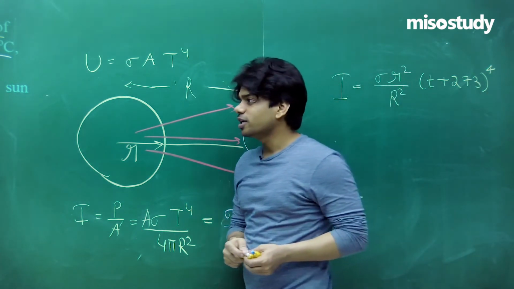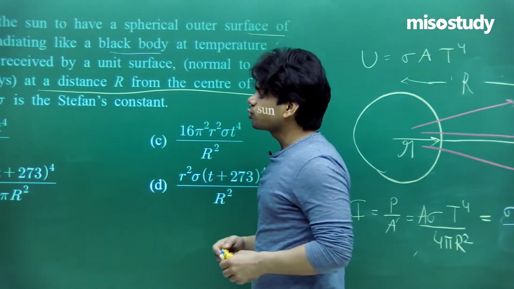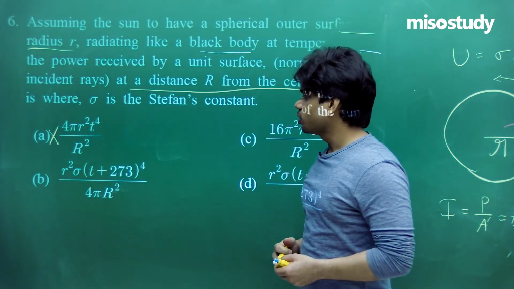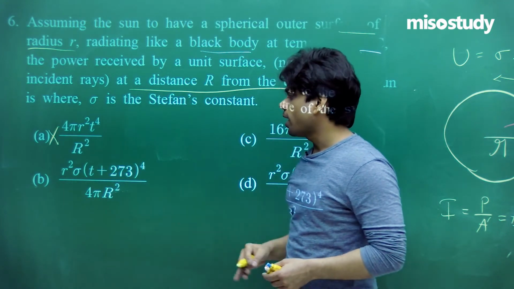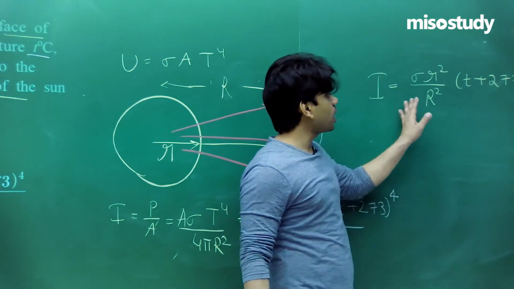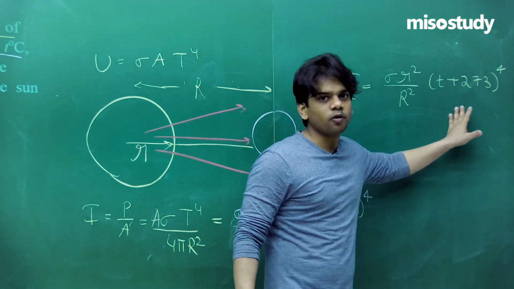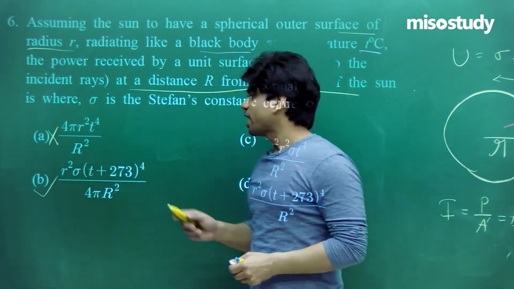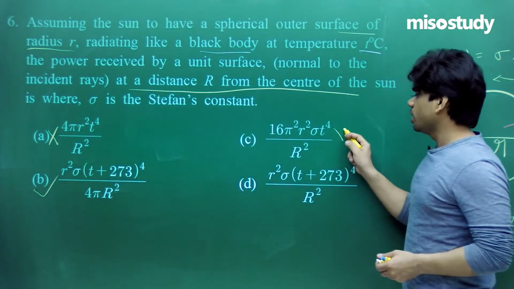Let's check with the given result. R square sigma (T plus 273) power 4 upon 4 pi r square, and the result that we are obtaining is the same as sigma r square upon R square (T plus 273) power 4. So option B is matching. This is the right answer. Rest will be incorrect.